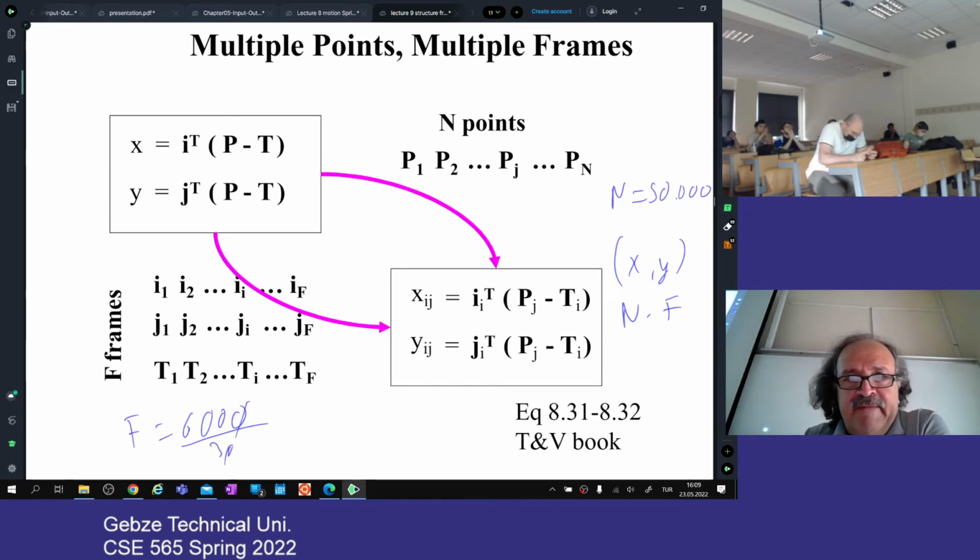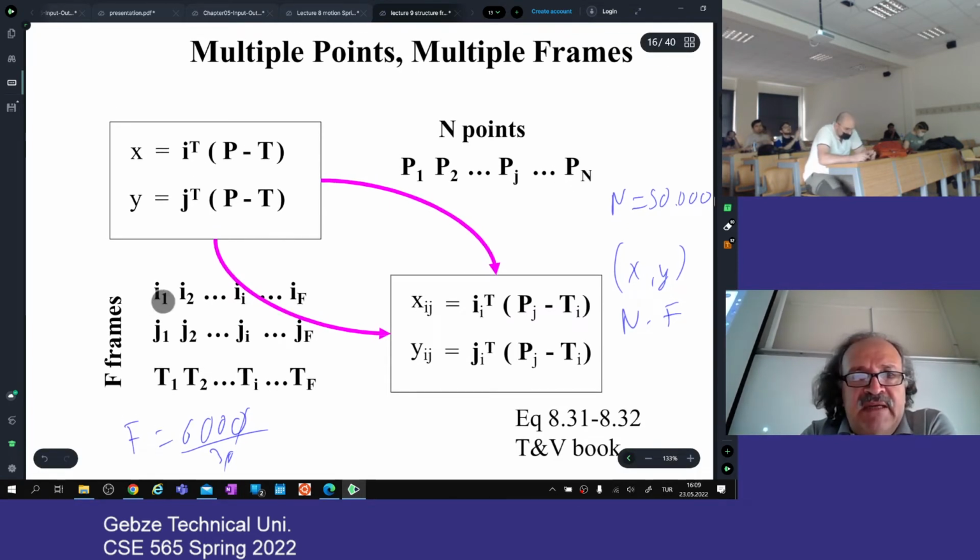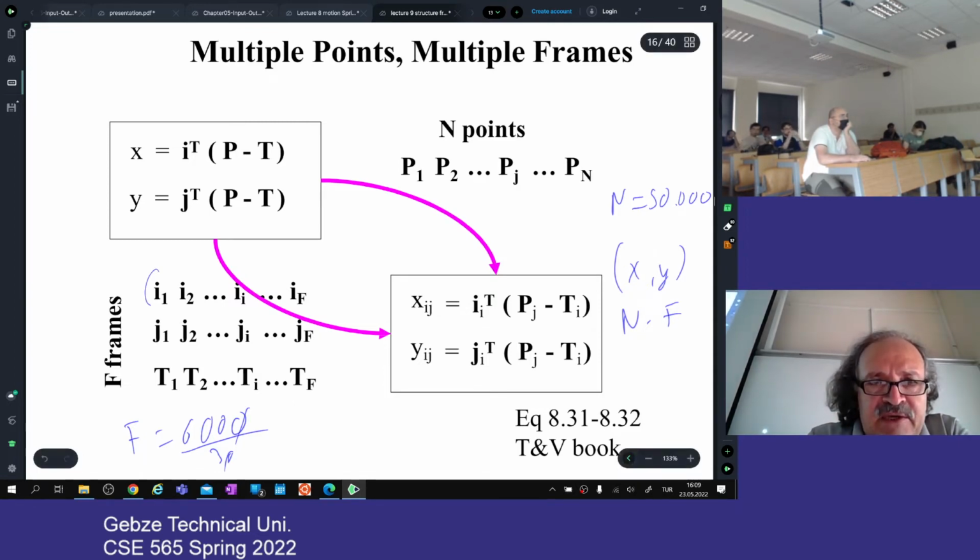Okay? Good. So from 1 to n points, and these are my rotations. First row of rotation, second row of rotation, and these are my translation vectors. So this has 3 unknowns in it, 3 and 3.